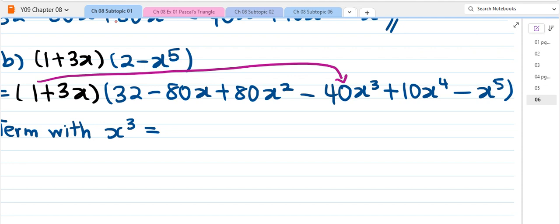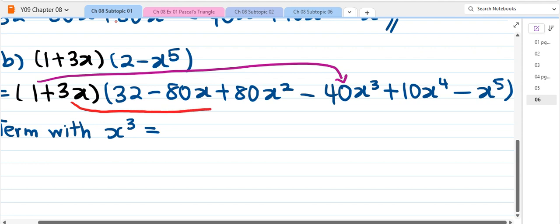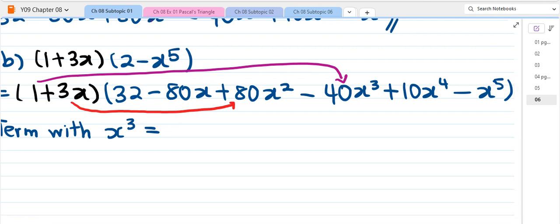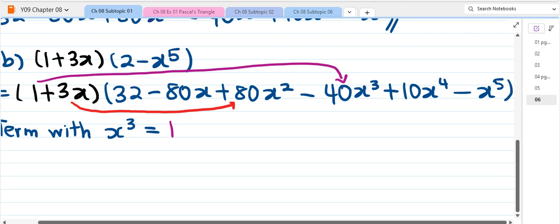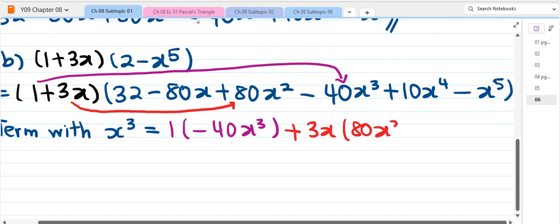So here the positive 3x will be multiplied with 80x squared. So let's have a look at expansion. So here 1 will be multiplied with negative 40x cubed. And the plus 3x will be multiplied with 80x squared.